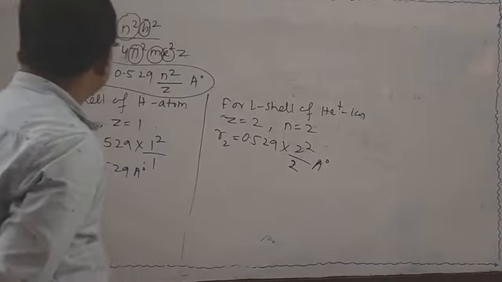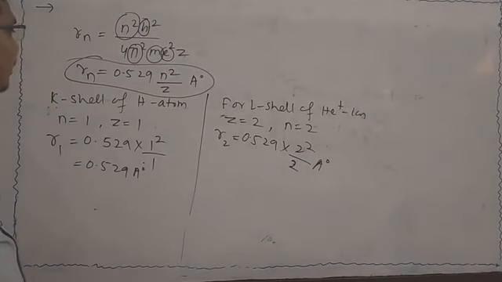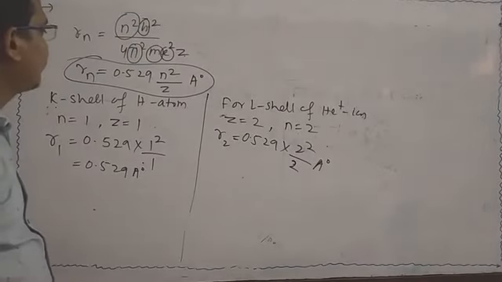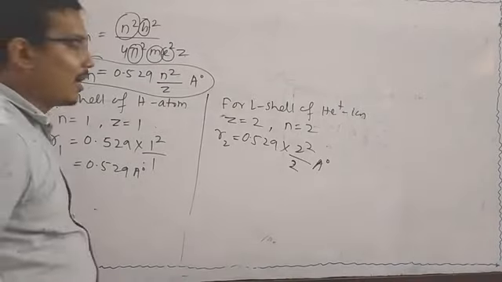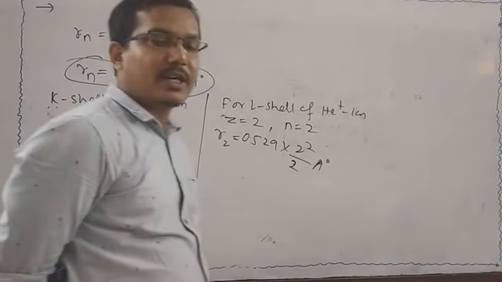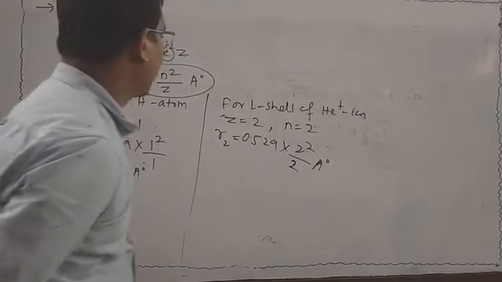This is the general expression for the radius of the nth orbit of hydrogen atom and hydrogen-like ions, that is He+, B2+, Li3+.